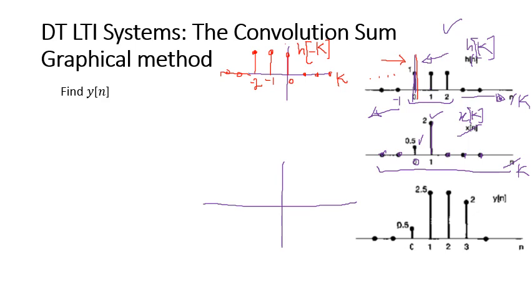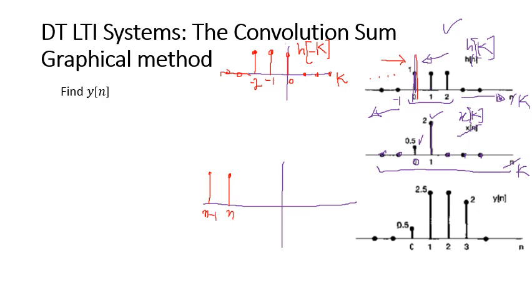If I add a big negative value to this, originally this is at 0, so now it will become at n. n is a big negative value, so it's now at n. This one is at -1, so this one will be at, for example, n minus 1.